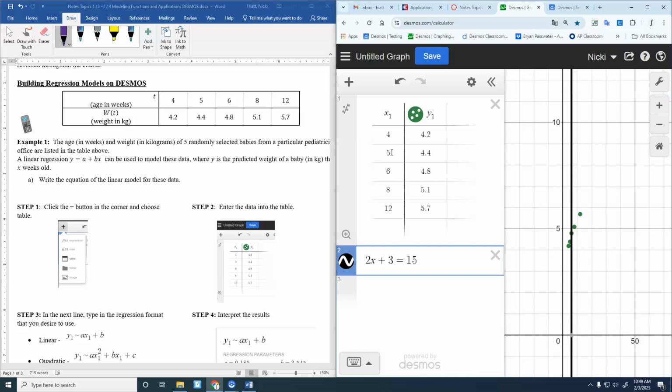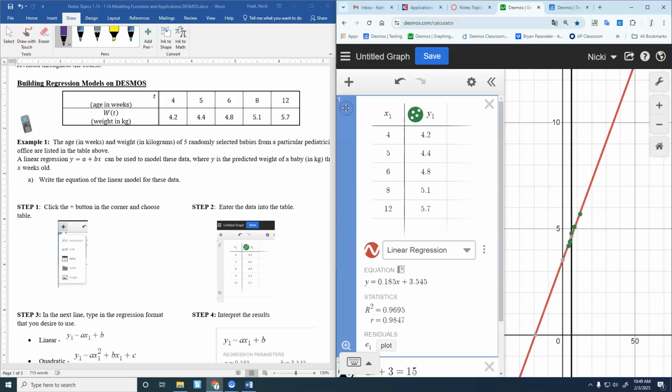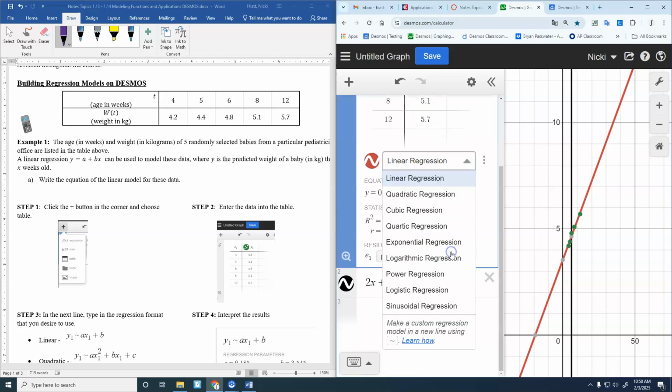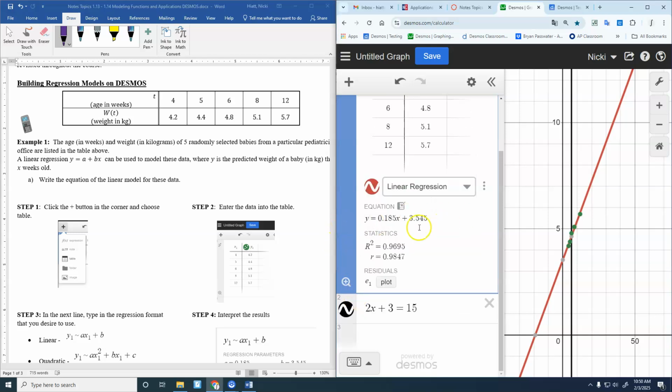I need to look into it more. I haven't had a chance to look into it. But on regular Desmos, they have added this button right here. And if you click on it, it'll do the regressions for you. And then you have all these regressions that you can choose from. And you don't have to remember how to type anything else in.